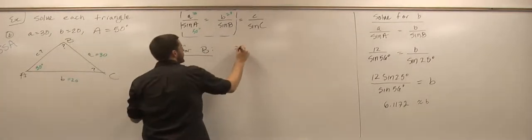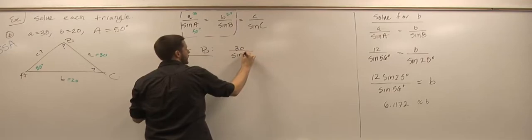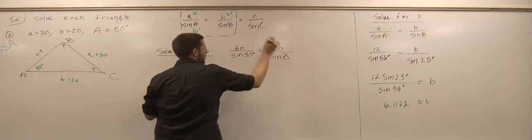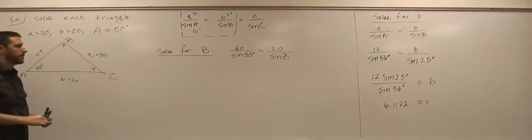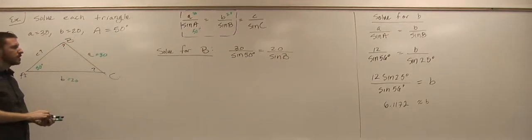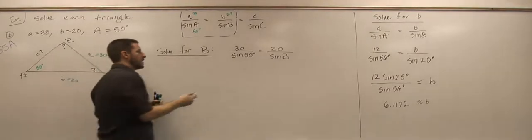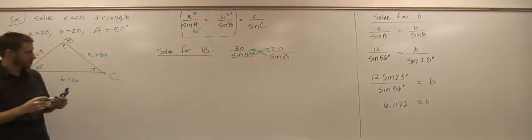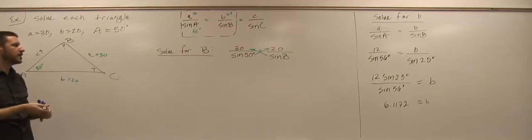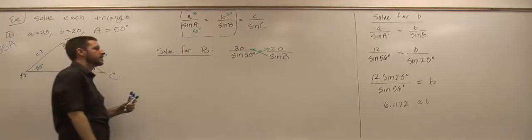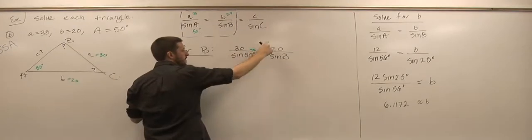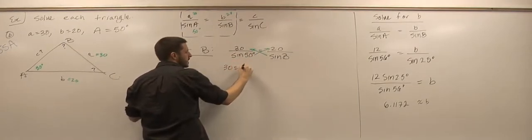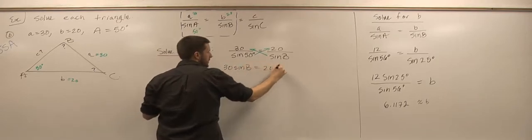So I'll set up 30 over sine 50 equals 20 over sine B. One quick way to get rid of your denominators, which I remember from a long time ago, is you can cross multiply. 30 over sine 50 equals 20 over sine B is the same thing as 30 sine B equals 20 sine 50.